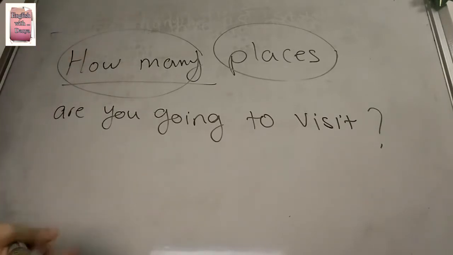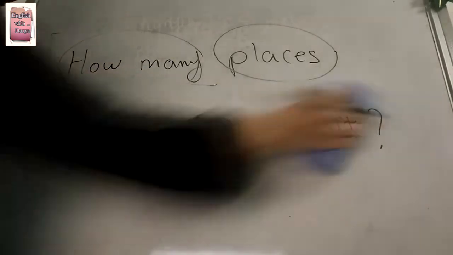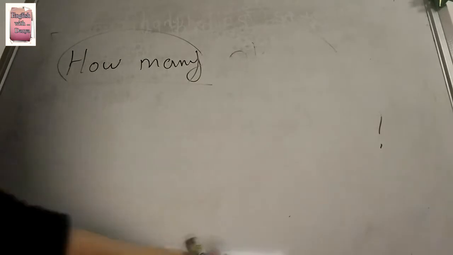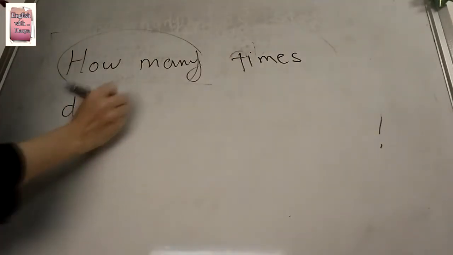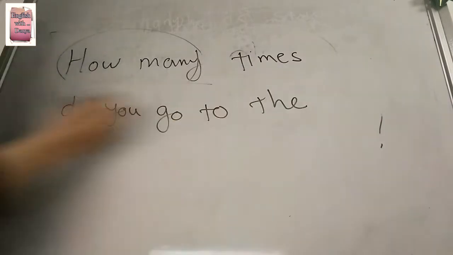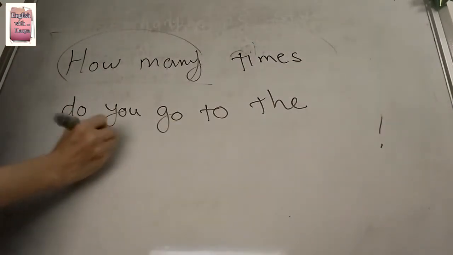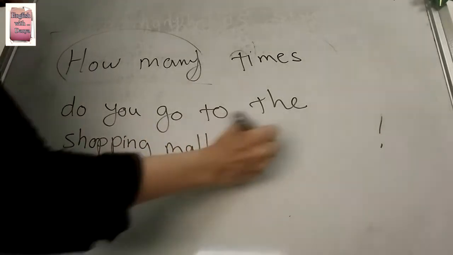So basically, you can use how many to talk about something that happened in the past, or that will happen in the future, or that happens regularly. When it comes to regular things, you can say, for example, how many times do you go to the shopping mall in a month?